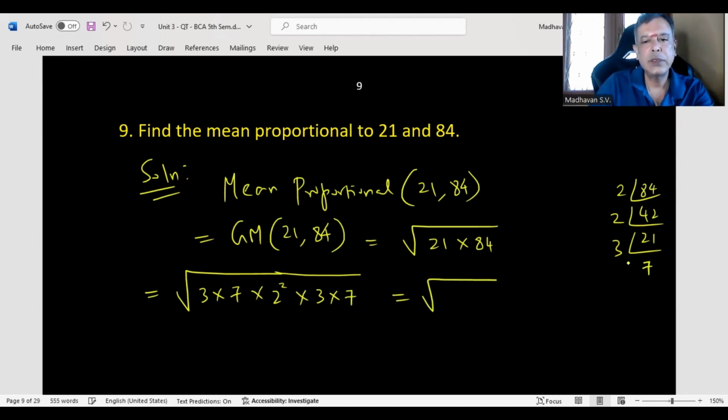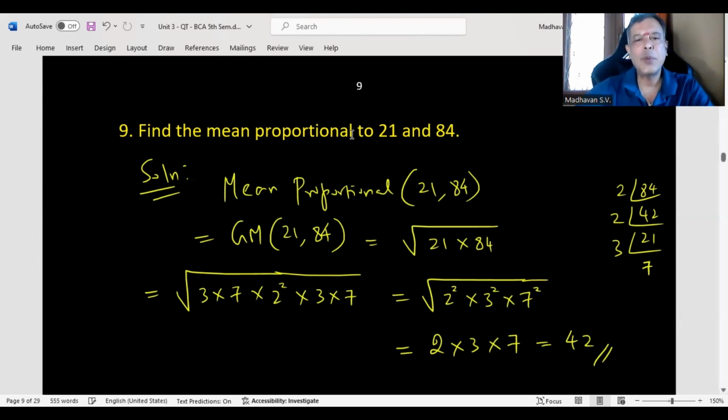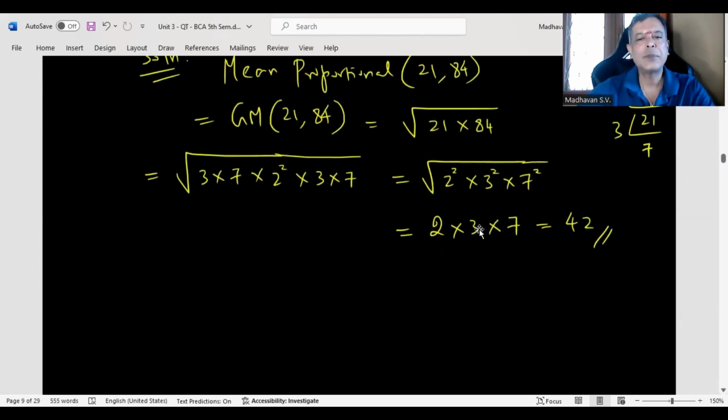So this is nothing but 2 square into 3 square into 7 square. Now everywhere square is there and square root is there, so this is nothing but 2 into 3 into 7. If we multiply this, we will get the result as 42. So that is the mean proportional of 21 and 84. Let us move on to the next one.